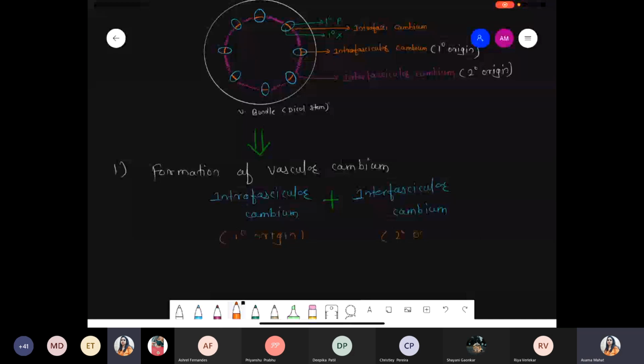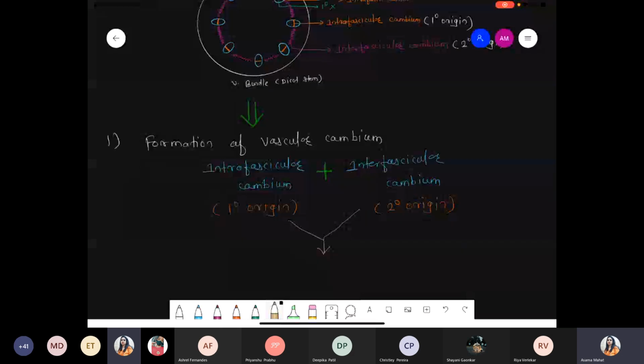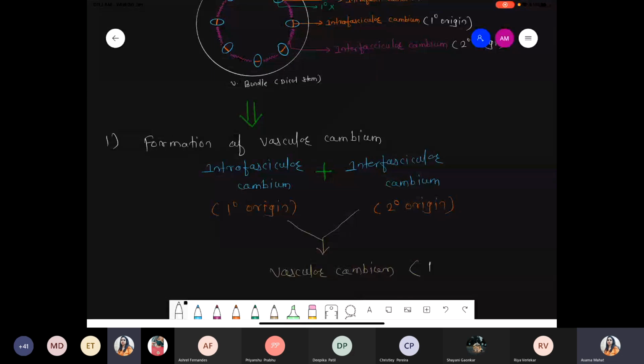So now what happened? After the joining of the intra as well as the interfascicular cambium, there is a formation of a new cambium that is called the vascular cambium, which is present in ring form. They are present in a ring shape, in a circular manner. We already drew that diagram, so I'm not drawing it again and again.